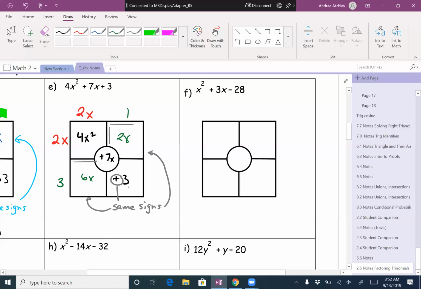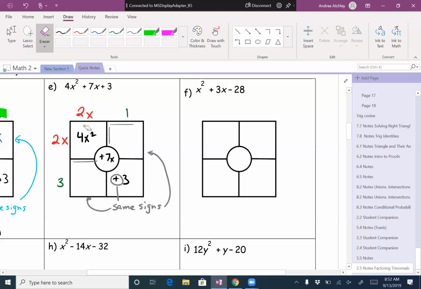The next thing I'm going to do is see, is there something that I can multiply the 3 by? Anything else that multiplies the 3? Besides 1 and 3, there's nothing else. Very good. So 1 and 3 has to stay there. Is there something else that multiplies to 4, though?